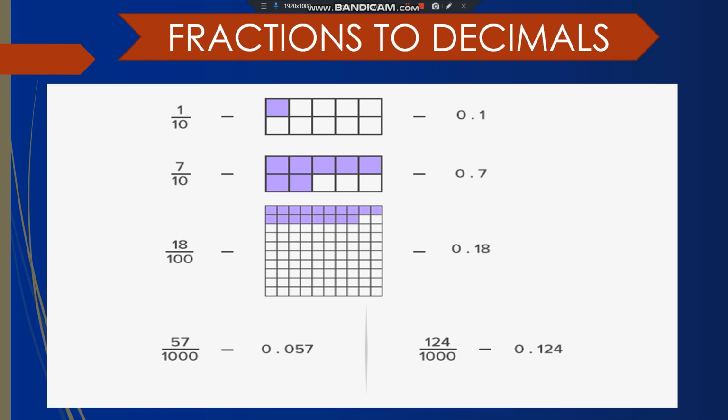So when it is 1 out of 10, 1 by 10 is 0.1, 7 out of 10, 0.7, 18 out of 100, 0.18. 57 by 1000: we have 3 zeros in the denominator, so the decimal will have 3 digits after the decimal point. So that is 0.057. 124 by 1000 will be written as 0.124.